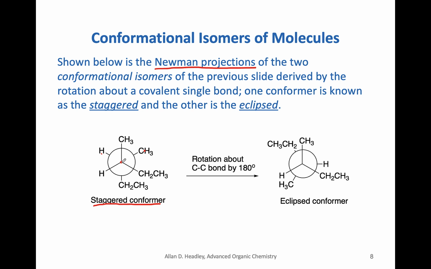Rotation around the front carbon and the back carbon by 180 degrees would bring this group all the way over to here, as you can imagine. So here it is. So that becomes the eclipsed conformer. So these are conformational isomers. So we're taking the staggered conformer, and by rotation of 180 degrees about the carbon-carbon single bond, we now have another conformer which we call the eclipsed conformer.